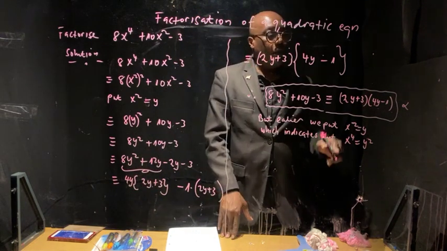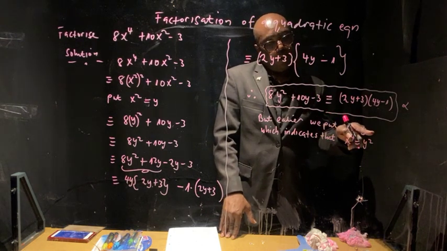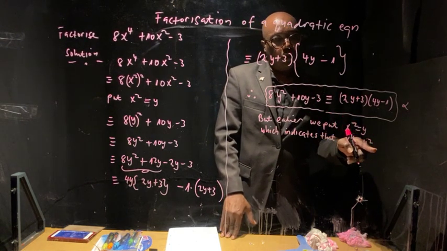So x squared is equals to y, and x raised to the power 4 is equals to y squared.